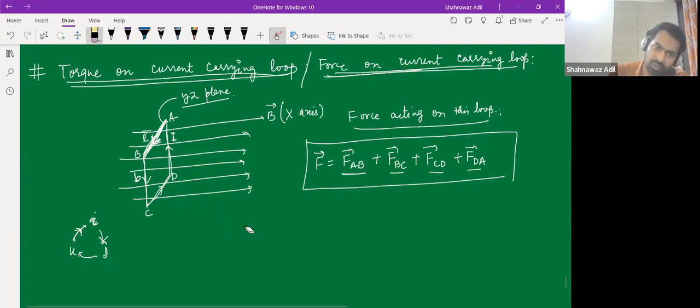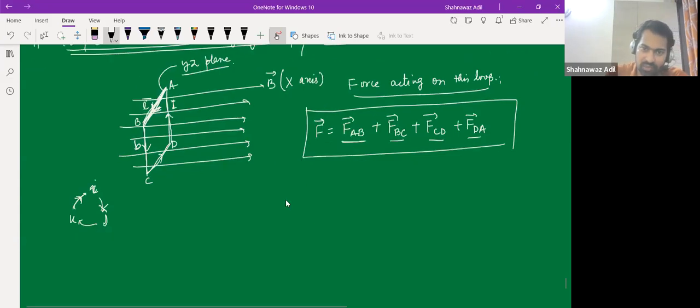So what do we know about the force? This force was BIL, right? And we have to find out what is the direction. Did you guys understand this point? Yes, sir.